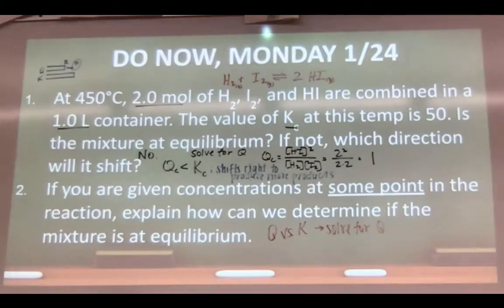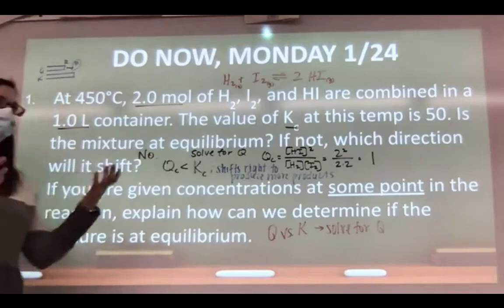Do you do the ice tables with the X's when you don't have one of the reactants or products? And that's if you are at equilibrium. Yeah, so you'll use the ice tables if you are looking for equilibrium concentrations and you're not given some piece of information.